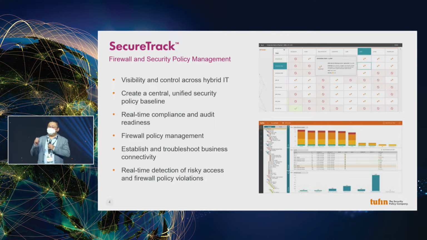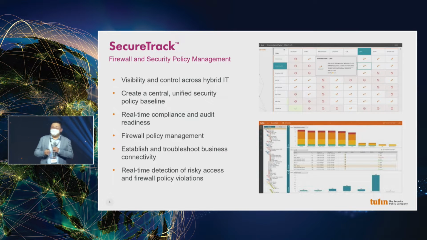With these unified security policies defined, Tufin performs real-time compliance and audit checks on all those rules. Every time a rule is changed or modified, Tufin runs an automated compliance check on the rule.